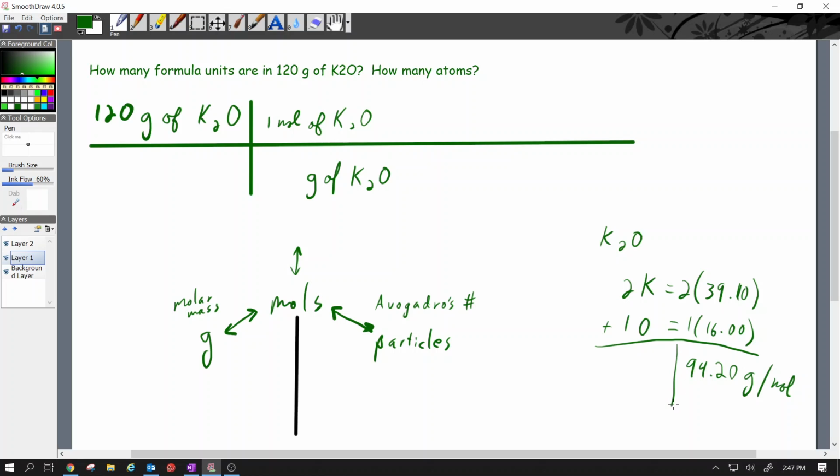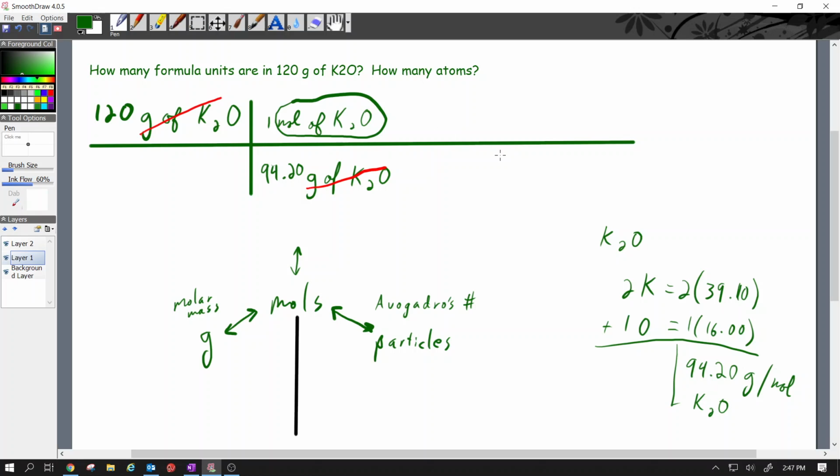So it's that many grams per mole of K2O, which is potassium oxide. All right, so let's see. Let's write 94.20 grams. And when we do the division there, we'll see that our grams of K2O and our grams of K2O will divide away, and we will be left with just moles of K2O.